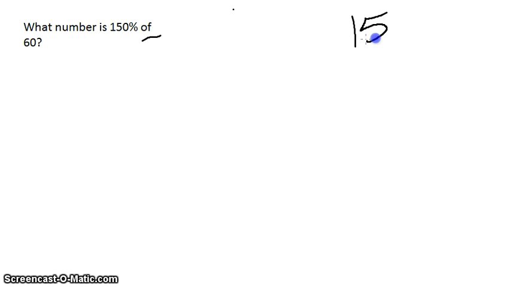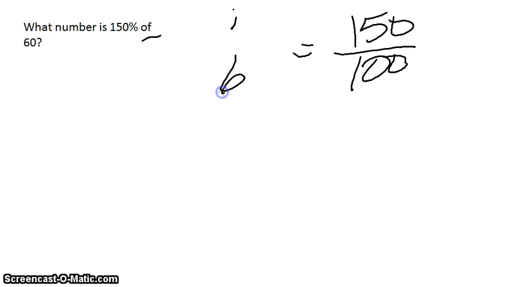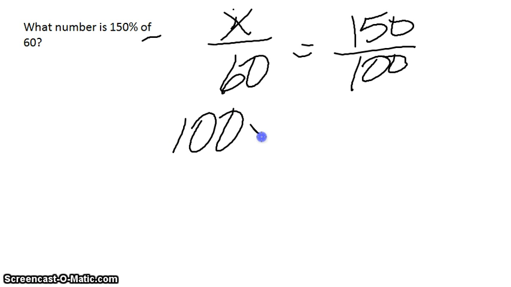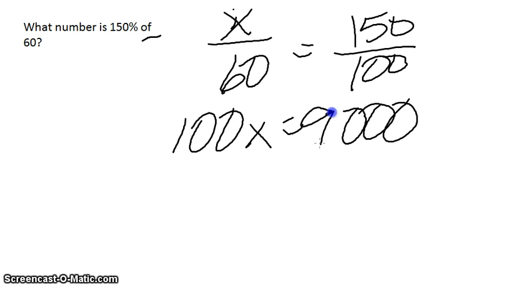So I'm going to do 150 over 100 equals x over 60. Well, I cross multiply, I'll get 100x equals 9,000. So x must equal 90. So 90 would be 150% of 60.